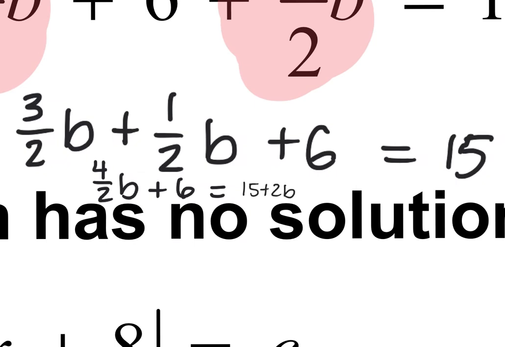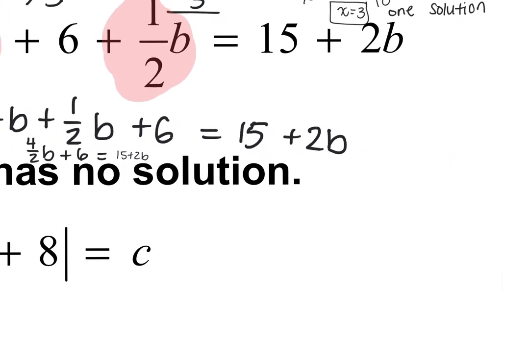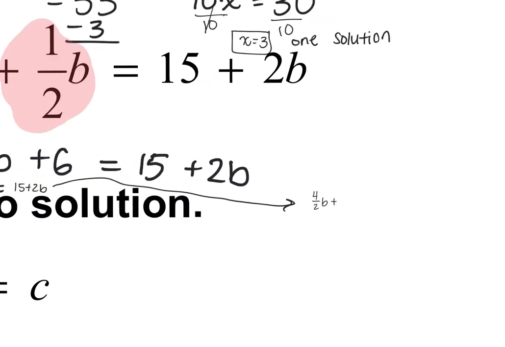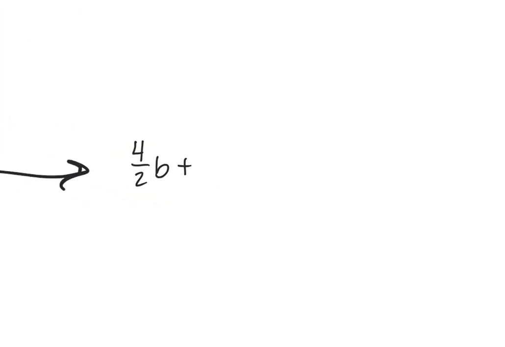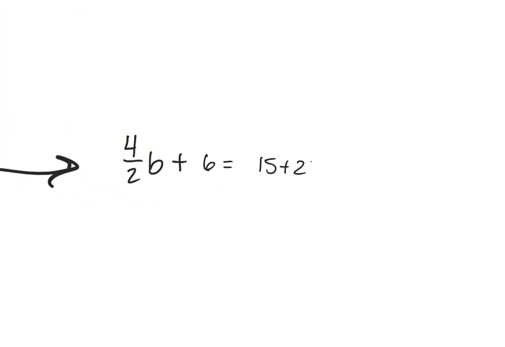4 over 2b is the same as just 2b, so I'm going to write this over here where I have more space. So we had 4 over 2b plus 6 equals 15 plus 2b. 4 over 2 is the same as 2b plus 6 equals 15 plus 2b.